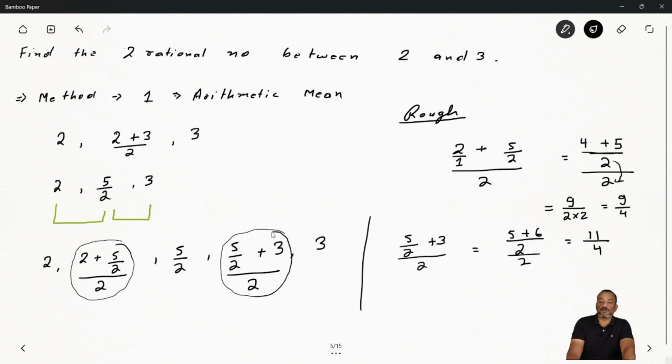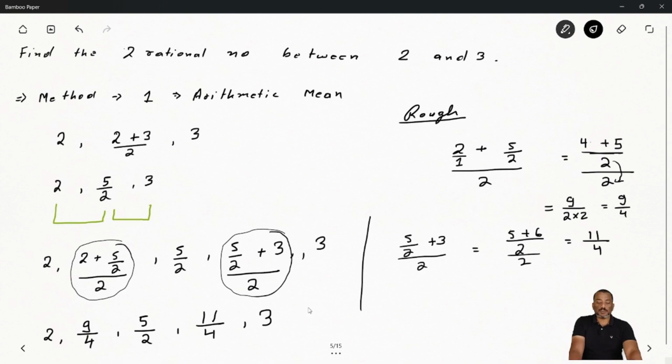So what are the rational numbers? First you have 2, then the next rational number you will get is 9 over 4. Then the second rational number you already found, that is 5 over 2, and the next one 11 over 4, and that is 3. So you got 3 rational numbers between 2 and 3. This way you can use the arithmetic mean to find a rational number.